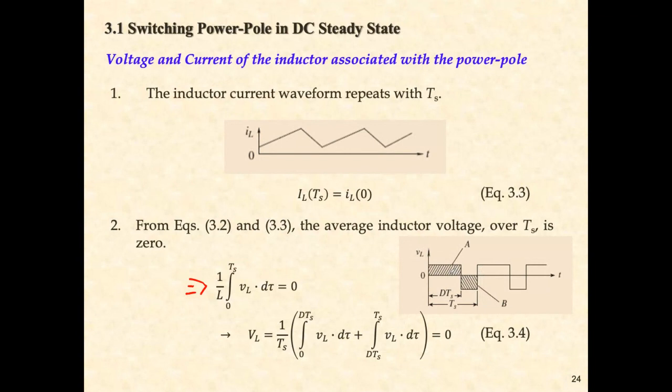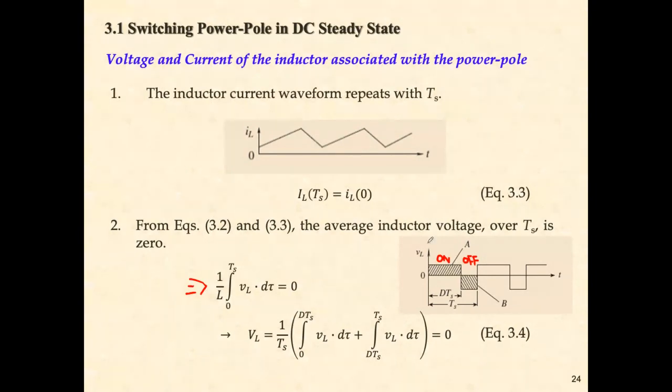We also saw that before, in topic one, the last line. So we can divide the switching period into two time intervals: one is on and the other is off.